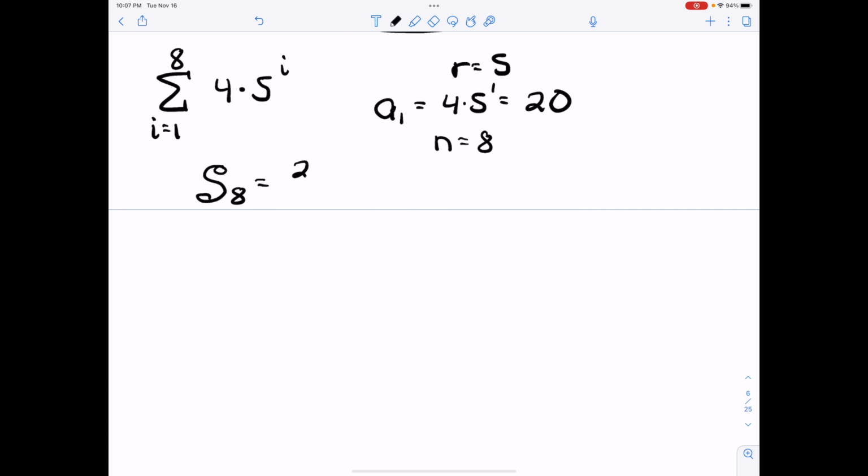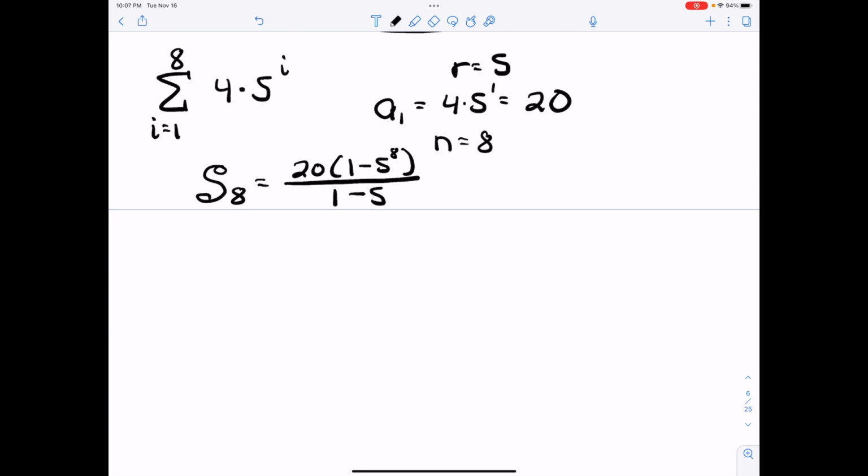You can do 20 times 1 minus 5 to the 8th power all over 1 minus 5. So let me do that again. I'm not used to this calculator.